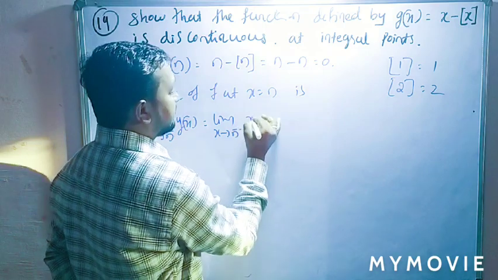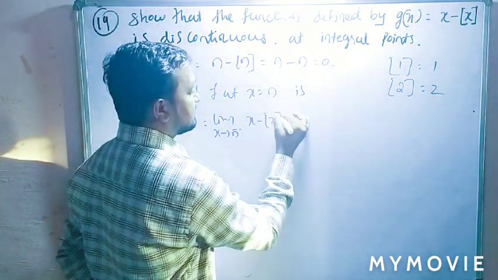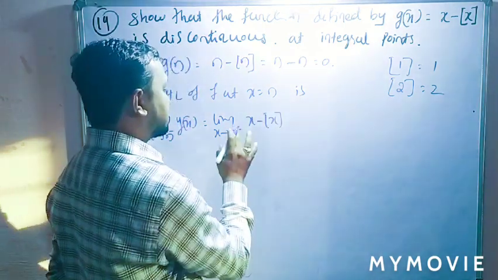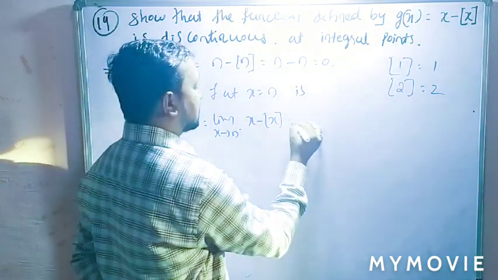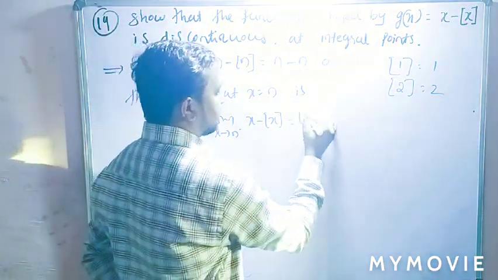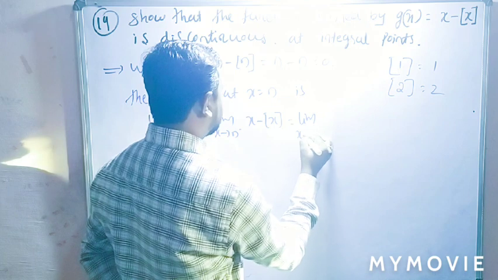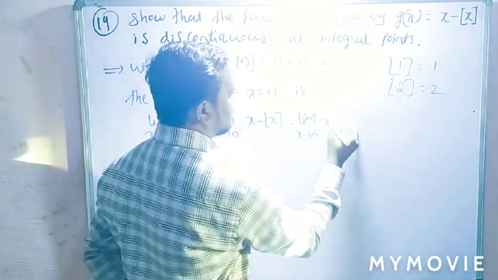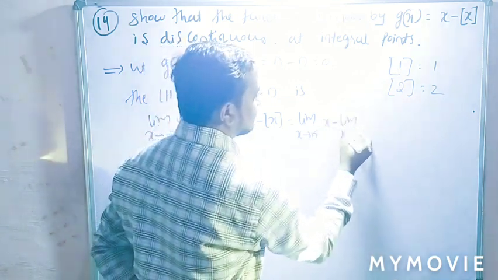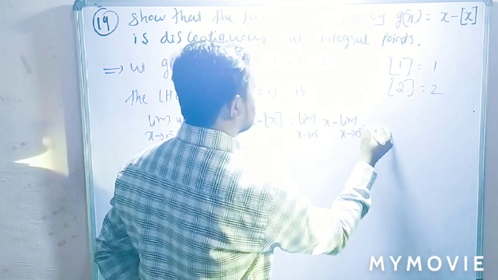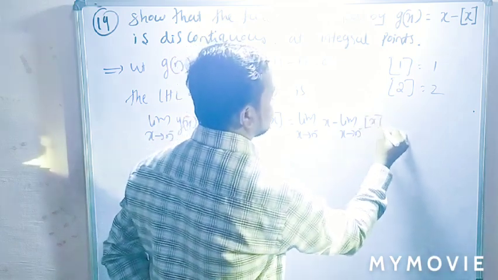G of x is x minus greatest integer of x. So I can write it separately: limit of x tends to n minus of x, minus limit of x tends to n minus of greatest integer of x.